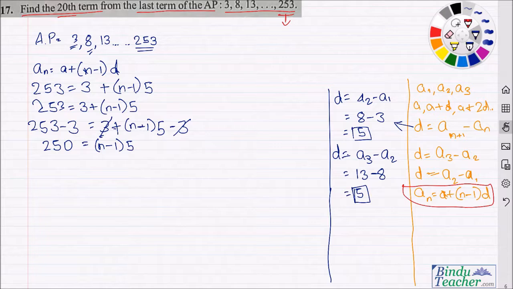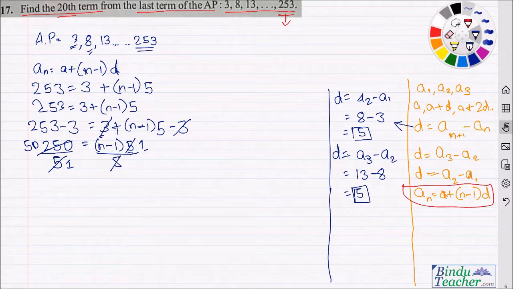Now again, I want to remove the 5 here, so we will divide by 5 on both sides. 5 divided by 5 equals 1. And on the left side, we have 5 into 1 equal to 5, and 5 into 50 equal to 250.